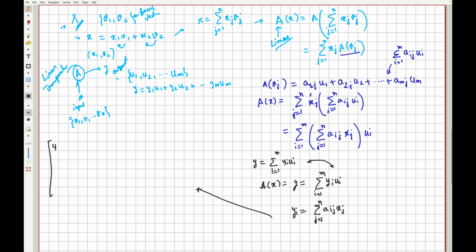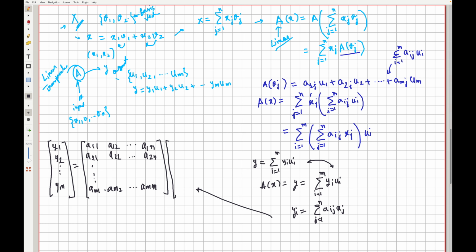This is y1, y2 all the way up to ym, and then we have this A matrix written as a11, a12 all the way to a1n, a21, a22 all the way up to a2n, and then down here we have am1, am2 all the way up to amn, and this is the vector x, which is x1, x2 all the way up to xn.